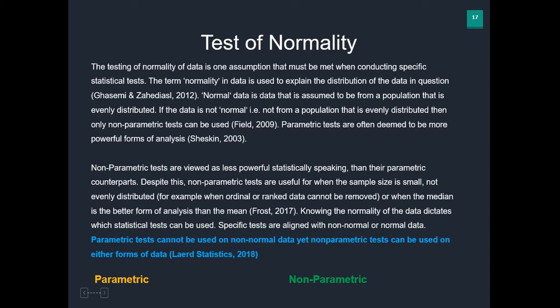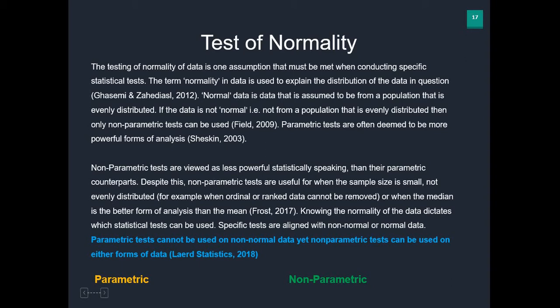However, if you did have normal data, well then parametric tests are often seen as a more powerful form of analysis. So while non-parametric tests are less powerful, statistically speaking, they're often more versatile. Because if you have a relatively small sample size, it's not evenly distributed, then you would use a non-parametric test.